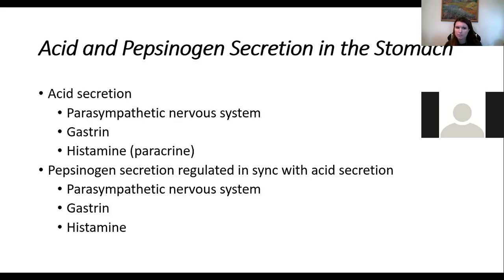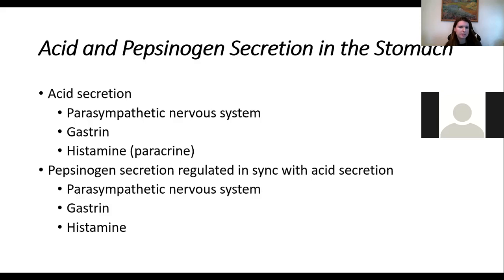But we also have some more local factors. So gastrin is a hormone that tells you to secrete acid, secrete pepsinogen, and digest stuff. And we also have super local factors. So histamine, and not just any histamine, but histamine produced by the stomach lining itself, affects acid secretion.